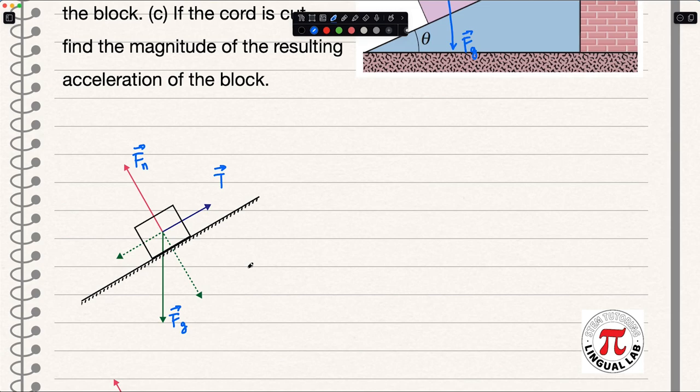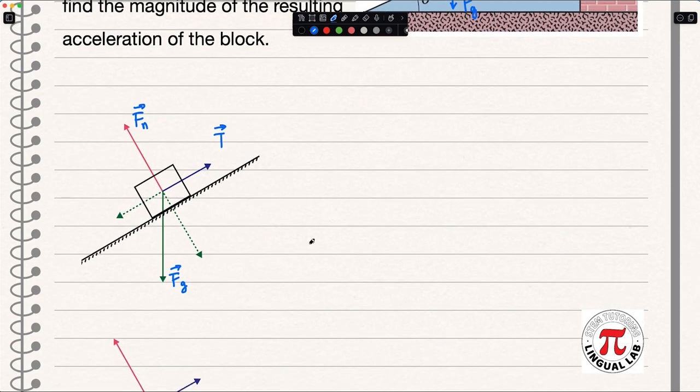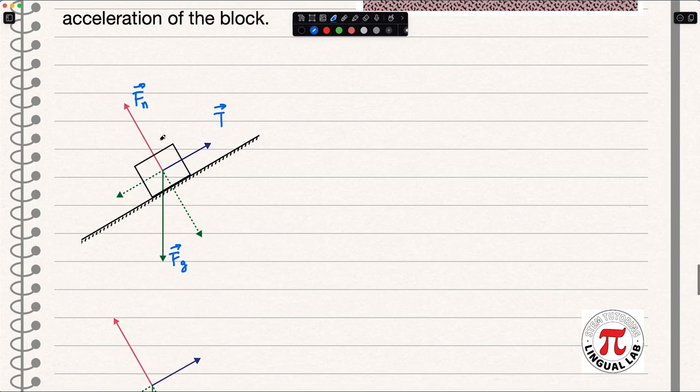Why don't we use the typical XYZ coordinates? I'm going to talk about that later. The normal force is perpendicular to the inclined surface, and the tension in the cord is along the inclined surface.